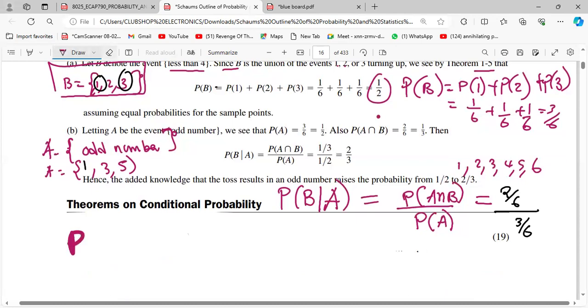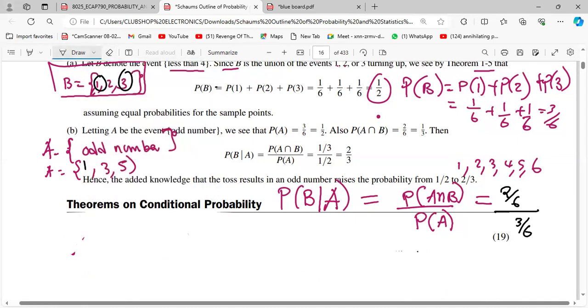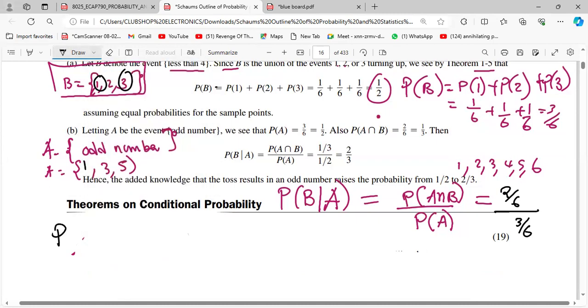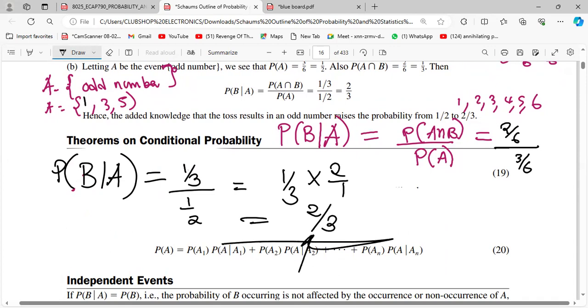The probability of B given A is equal to, when you reduce, 1 over 3 divided by 1 over 2. This is the same as 1 over 3 times 2 over 1. And this is 2 over 3. This is what we have.